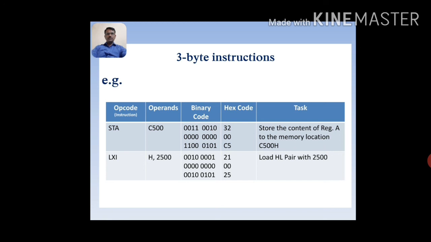Out of that, 00 is the lower 8 bits or LSB of the data that will be stored into the L register, and the higher 8 bits of this 16-bit data, 25, will be loaded into the register H. So this instruction requires the 21 opcode, 00 lower 8-bit data, and 25 higher 8-bit data, 3 bytes to specify.